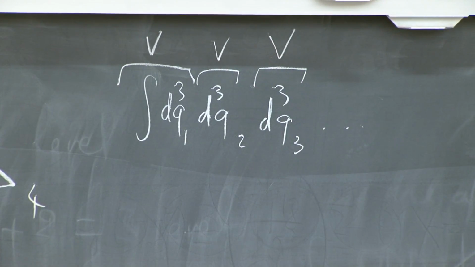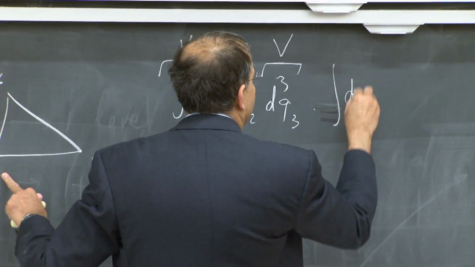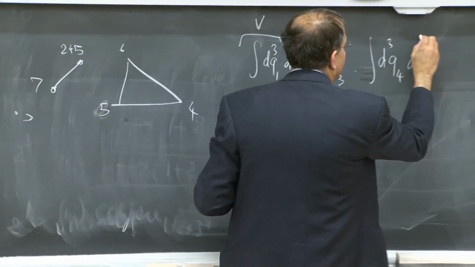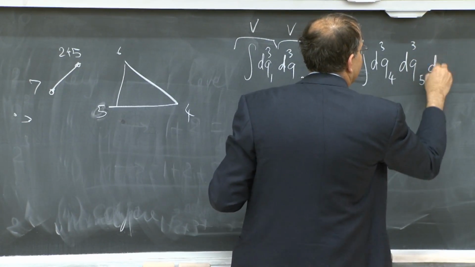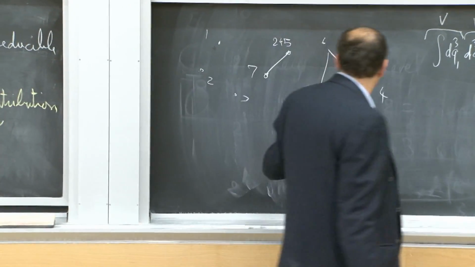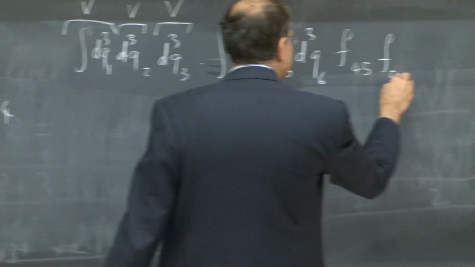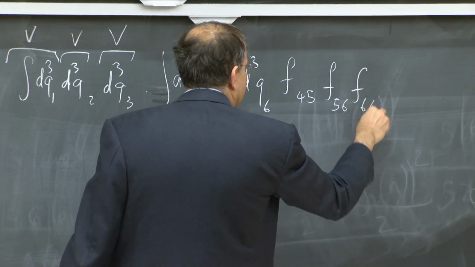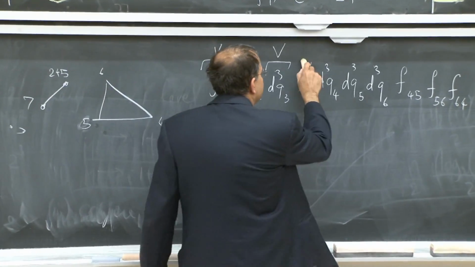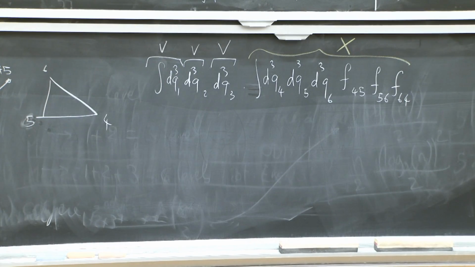So the first term that becomes non-trivial is when I have to do the integration over Q4, Q5, Q6 of F45, F56, F64. Okay? I don't know what this is, but there is something that will come from here.